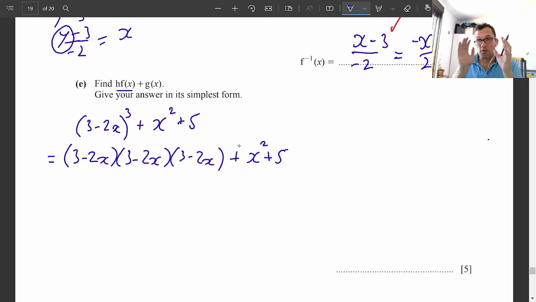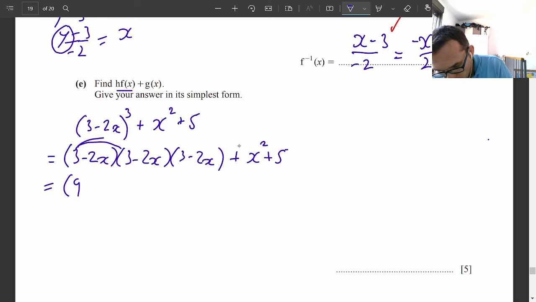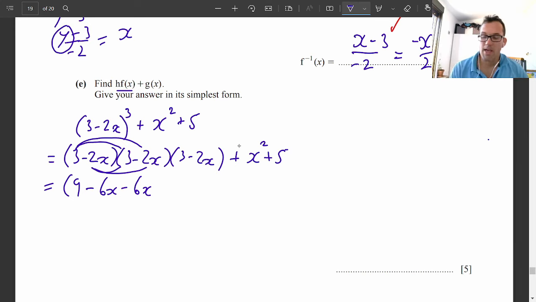Okay, let's take it slow. Get this right. I'm going to first expand the first 2 brackets. 3 times 3 is 9, and 3 times minus 2x is minus 6x. Minus 2x times 3 is minus 6x, and minus 2x times minus 2x, 2 negatives makes it positive. 2 times 2 is 4, x times x is x squared.